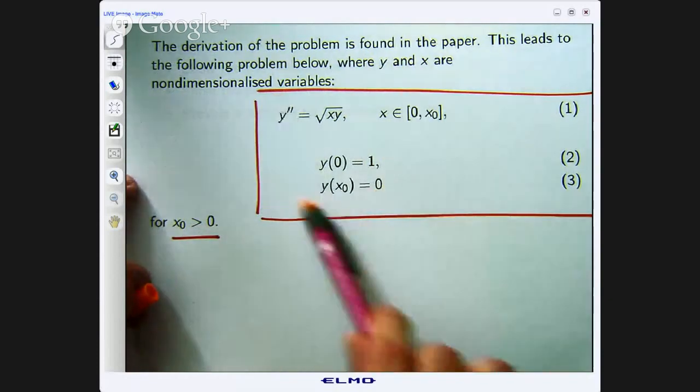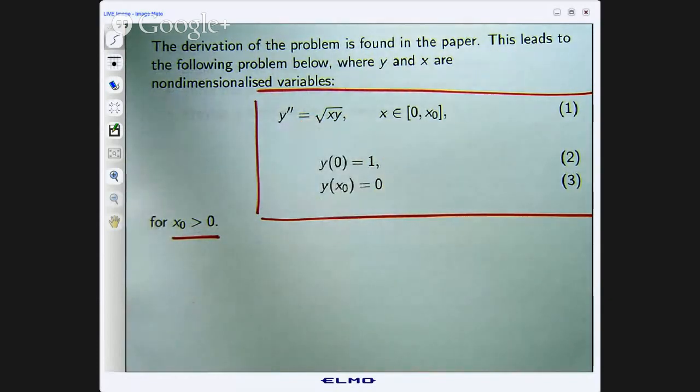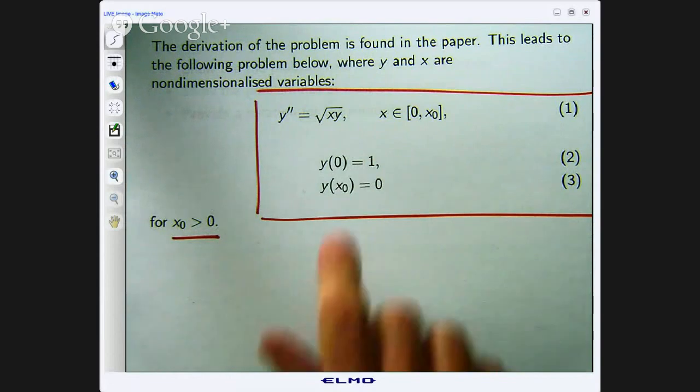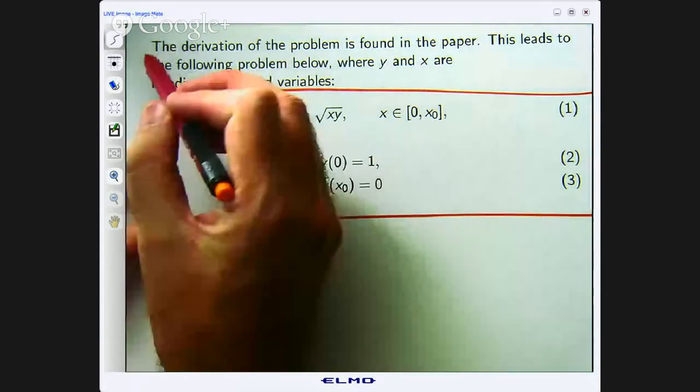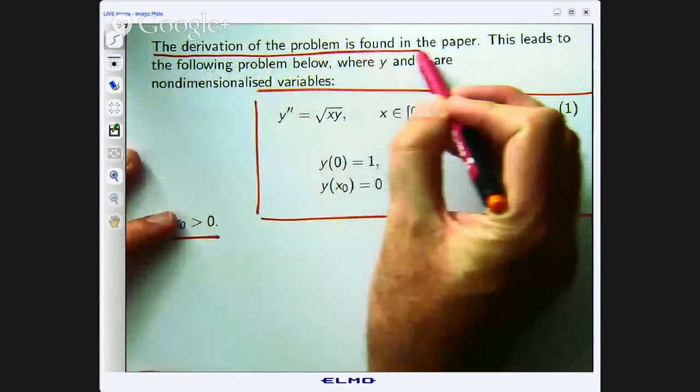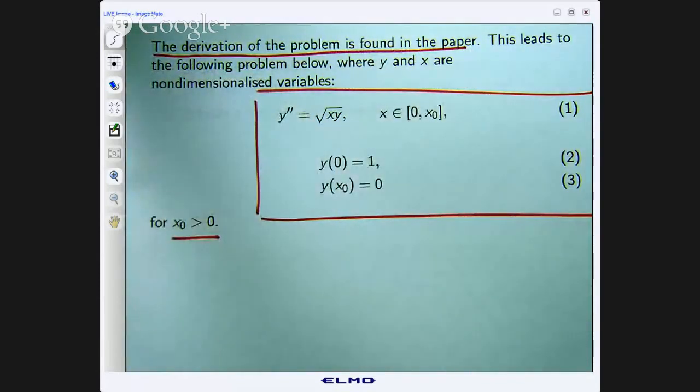This kind of problem is known as a Thomas Fermi problem associated with the heavy atoms in intense magnetic fields. It's non-linear, and I'm not going to derive it, but you can find the derivation of the problem in the paper. The derivation is probably a video in itself, so I just wanted to talk about the new results in this presentation.